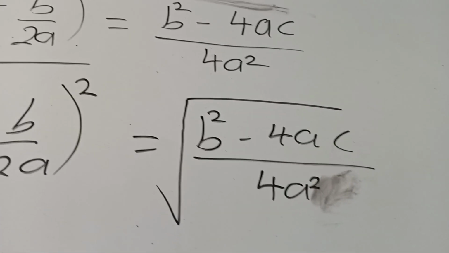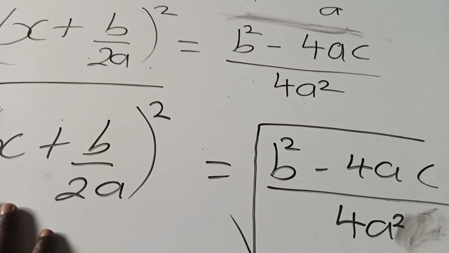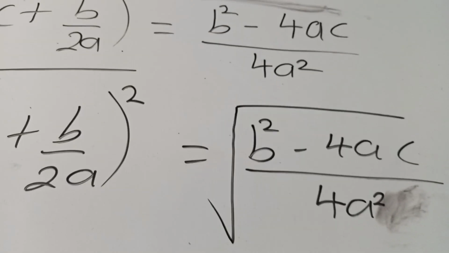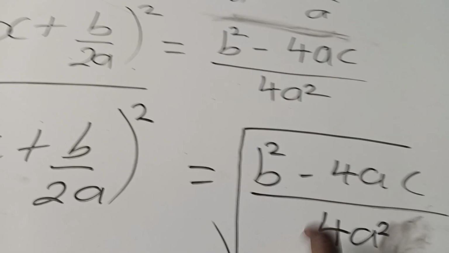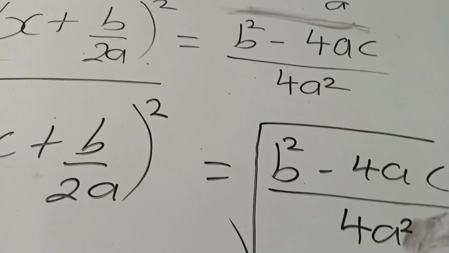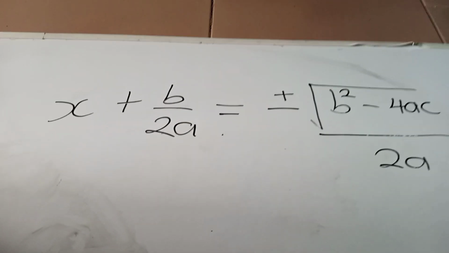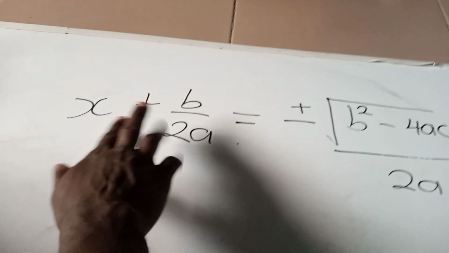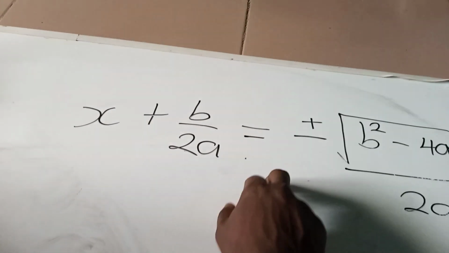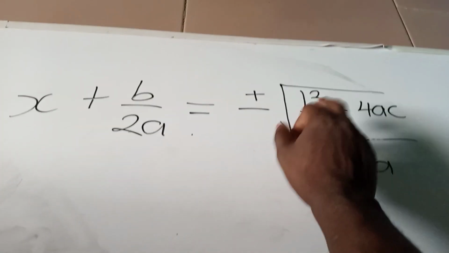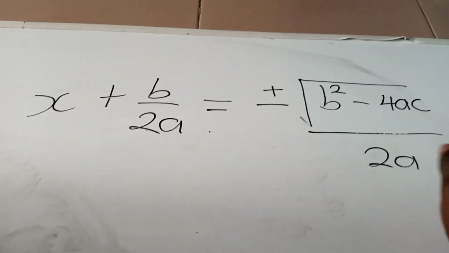What you do at the left hand side, you do the same thing at the right hand side. So when you take square root of both sides of the equation, you get x plus b over 2a is equal to plus or minus root of b squared minus 4ac, all over 2a.